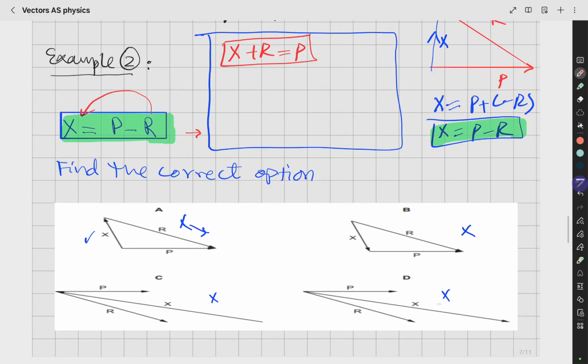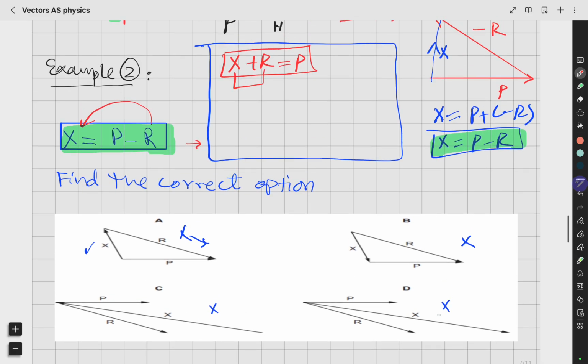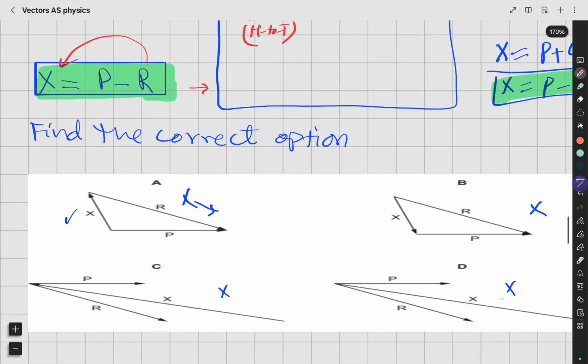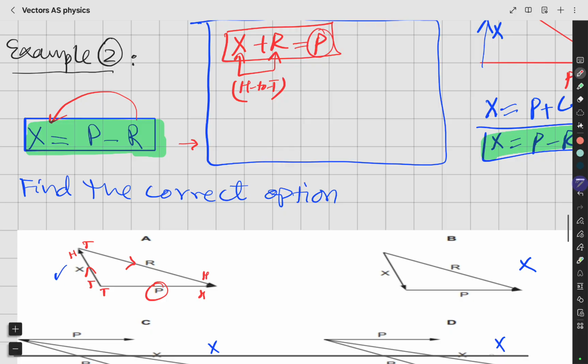Now see the diagram in which x and r are arranged in head to tail rule. So if you can see in option A, x is upward and r is downward, so they are in head to tail rule, and then this is tail tail and this is head head. So p is the resultant over there. So option A is correct.